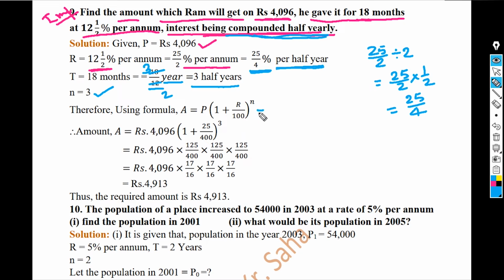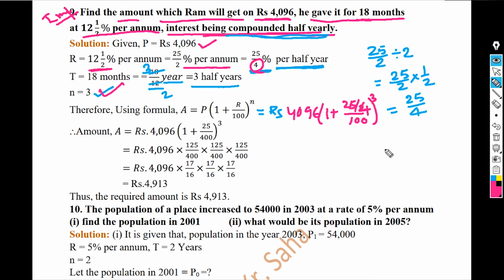Here instead of A you can write rupees 4096. This is the principal, and 1 plus rate, which is 25 by 4 divided by 100, and to the power n, where n is 3.